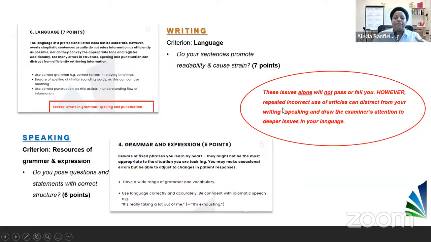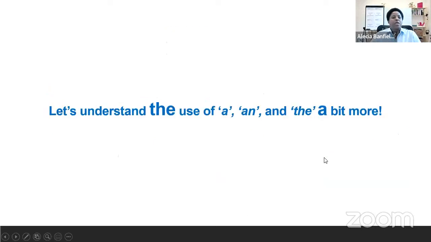However, if you have these repeated incorrect themes going through your speaking or your writing, it distracts and draws the examiner's attention to deeper issues in your language. That is, they see you making too many of a kind of error or multiple kinds of grammar error, and they take out the microscope and start looking at other things. And you don't want that.